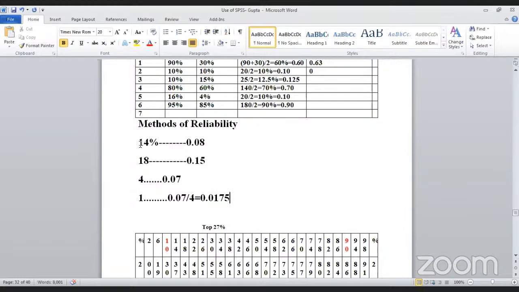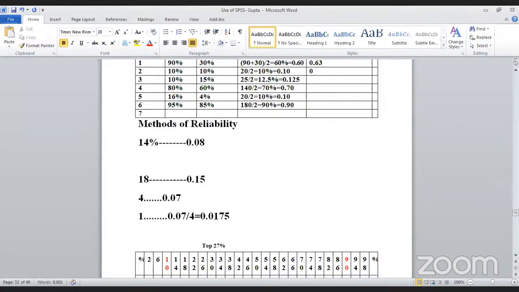Now, when 14 has this value, then for one difference, the value is this. So for 15%, the value will be 0.08 plus 0.0175, because for one unit of difference, the value comes to this much.